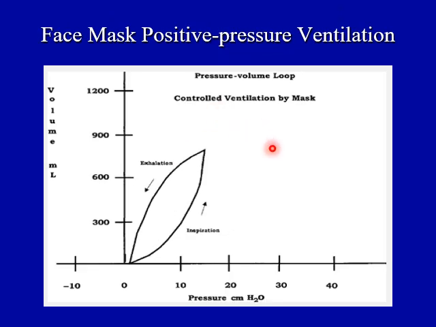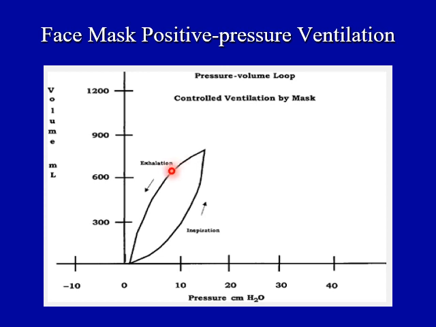So that indicates high compliance of the lungs. Here we can see the pressure volume loop in case of face mask positive pressure ventilation. This is the inspiration, followed by the expiration. Because there is no endotracheal tube, the resistance to expiration is very minimal compared to the ET tube shown in the previous slide.